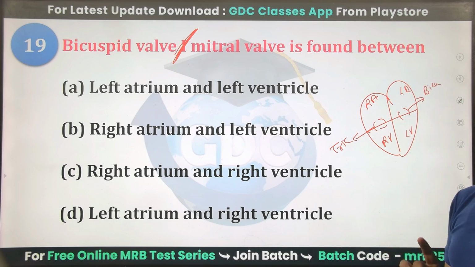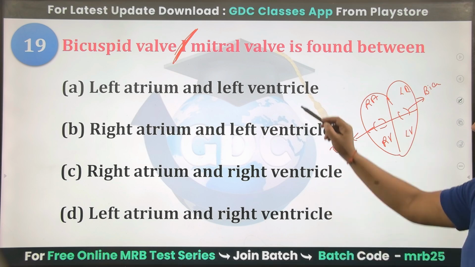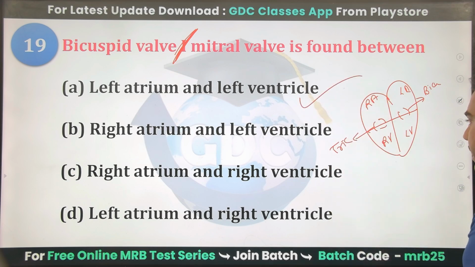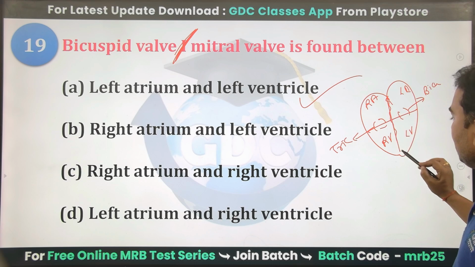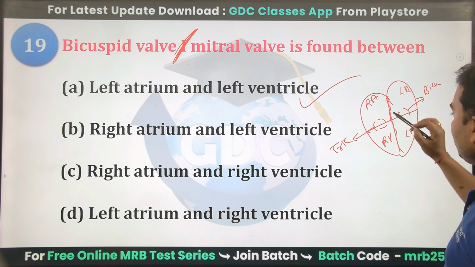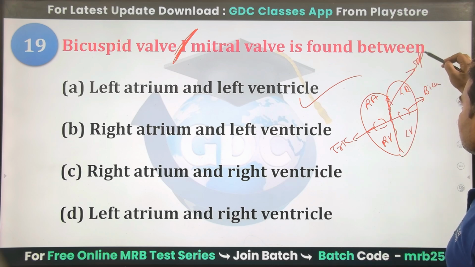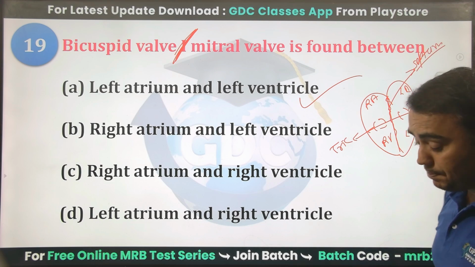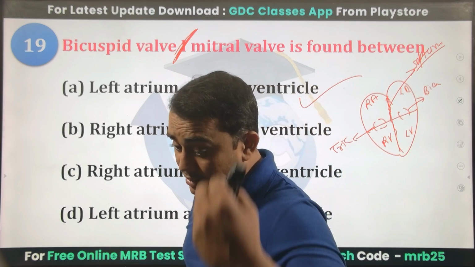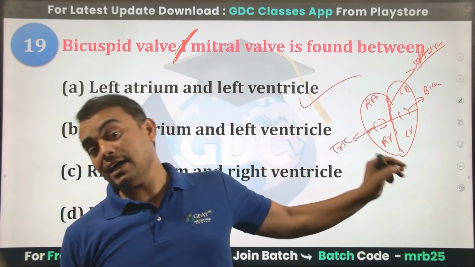So the bicuspid valve is present between the left atrium and left ventricle. Between the right and left there is no valve. It's called the septum, the line or region which divides the left part from the right part.